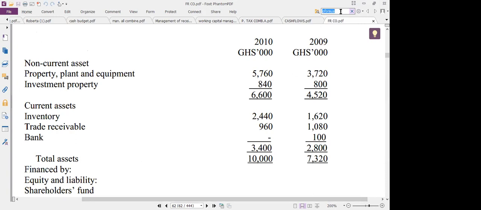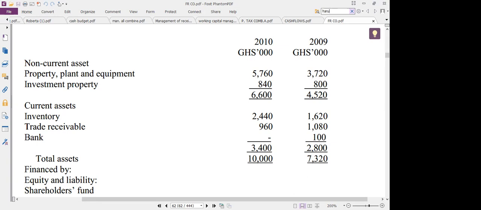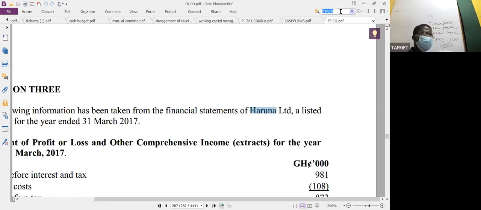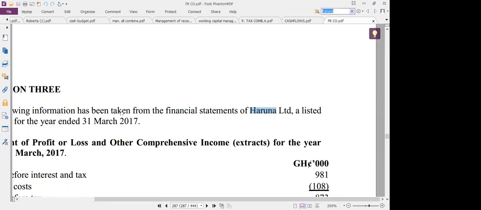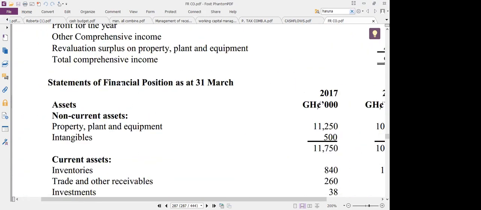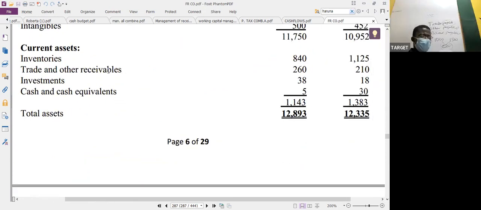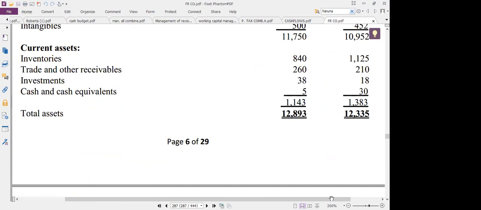Okay, so let's go, Haruna. Good, Haruna is in. Now, this May 2017 past question. I like this question because the examiner took his time to articulate the thing well. But somebody had 17 over 20, yes, 17 out of 20.